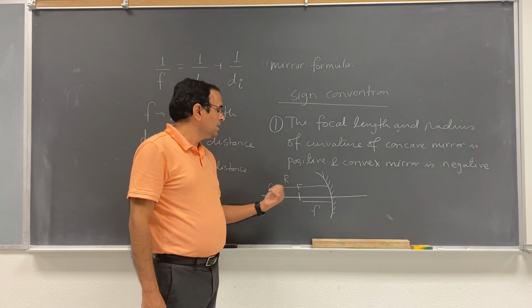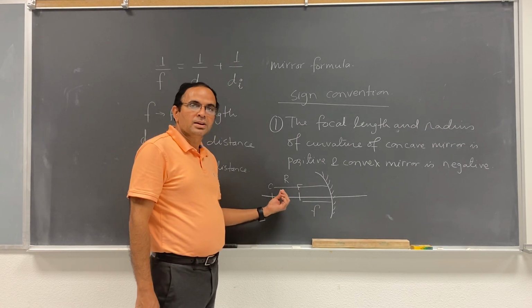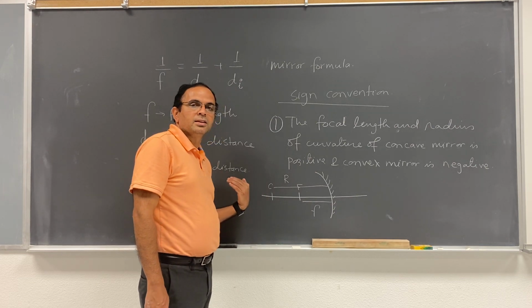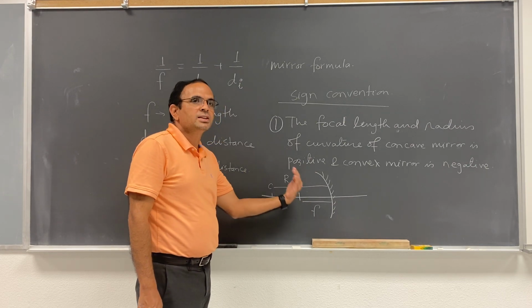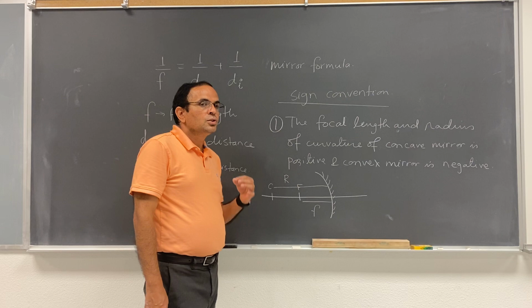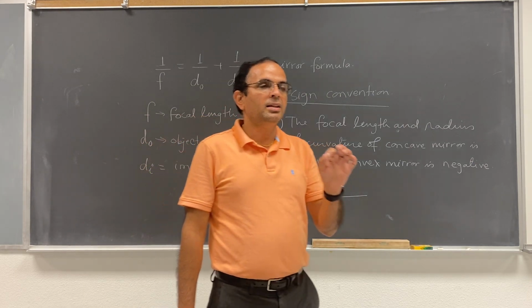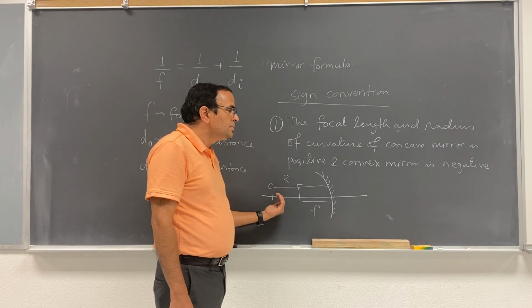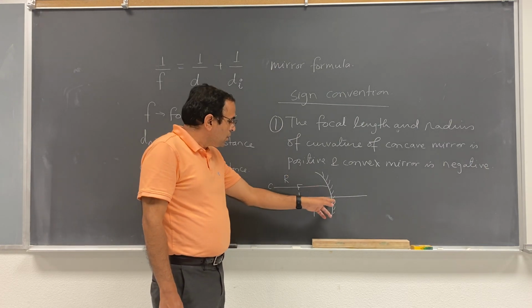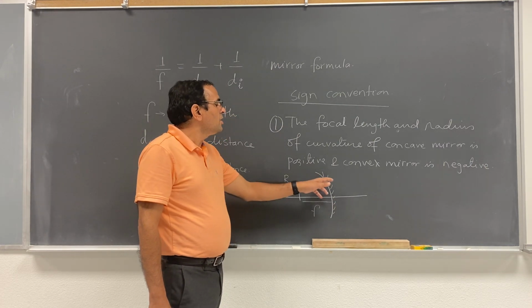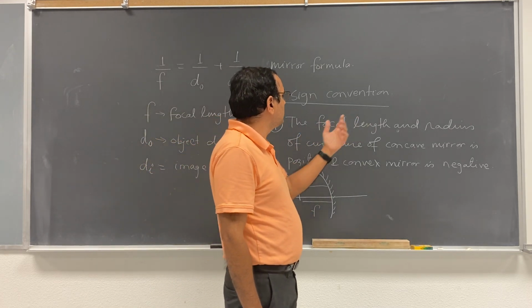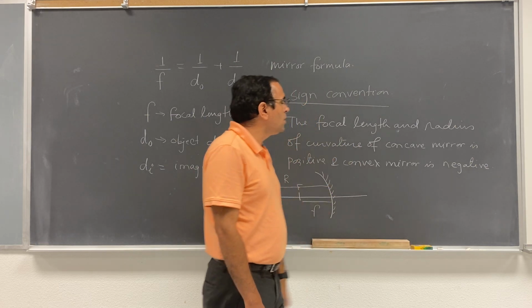The focal length and the radius of curvature in case of concave mirror is in front of the reflecting surface, or simply in front of the mirror. So if they are in front of the mirror, that is positive. That is why I said the focal length and the radius of curvature of concave mirror is positive.